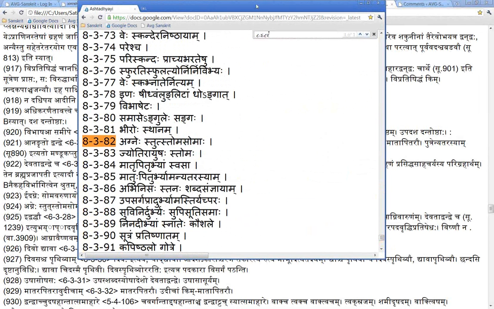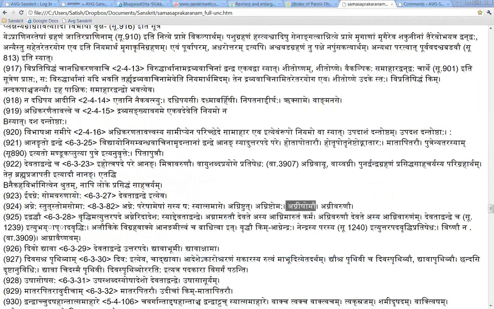What it means is that when following Agni, in Panchami ekavachanam, the words stut, stoma and soma take it, per Tasmadityuttarasya.